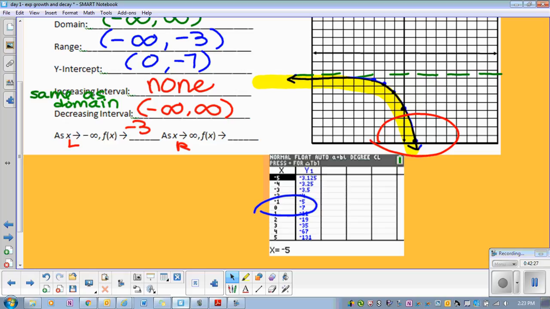Negative infinity. Alright? So for these exponentials, they're not going to be headed in the same direction. Just make sure you take the time to look at both of the end behaviors and see where they're going. Alright, questions about this?